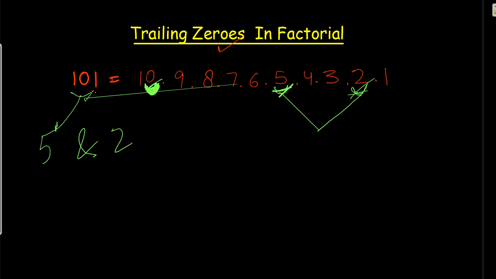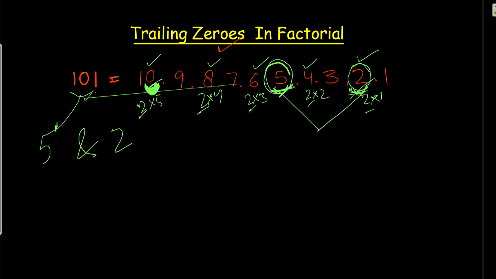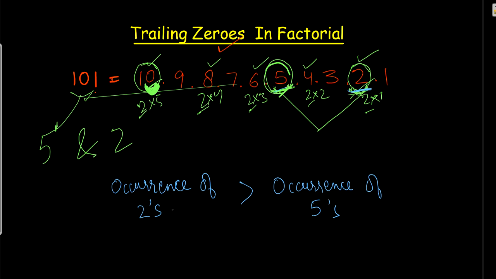Now if I see the occurrence of 2, it is coming for 2, 4, 6, 8, 10. Because here we have 2 into 1, here we have 2 into 2, here we have 2 into 3, 2 into 4 and 2 into 5. Almost 5 times. And if we see the occurrence of 5, it's 2 over here. So I can say number of 2's occurrence is greater than number of 5's occurrence. That you completely agree?